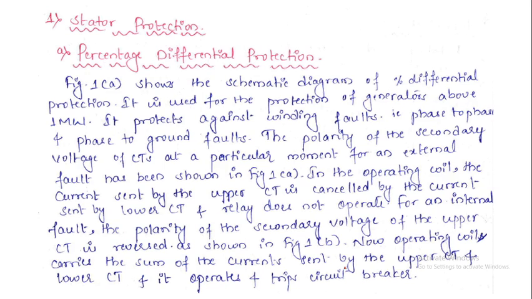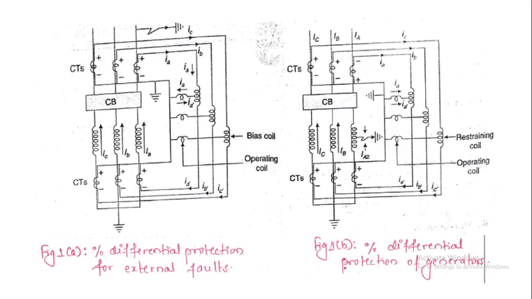Winding faults are nothing but faults that may occur between the phases, or between phase and ground. The polarity of the secondary voltage of CTs at the particular moment for an external fault has been shown in figure 1a. In the operating coil, the current sent by the upper, we'll go into that later.